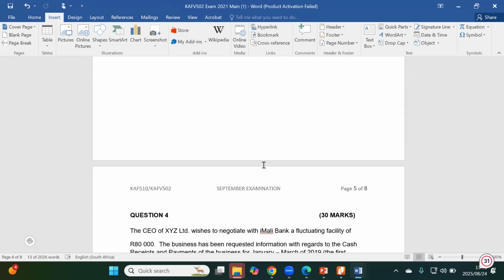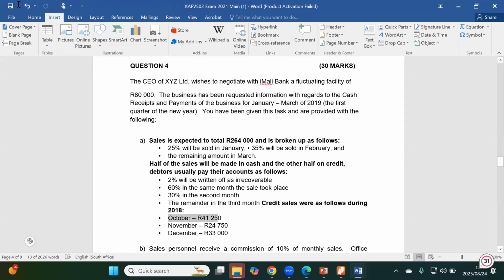So the CEO of XYZ Limited wishes to negotiate with Imali Bank a fluctuating facility of 80,000. So it's a fluctuating facility.